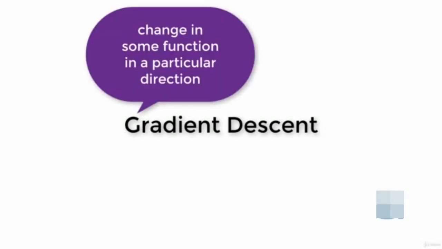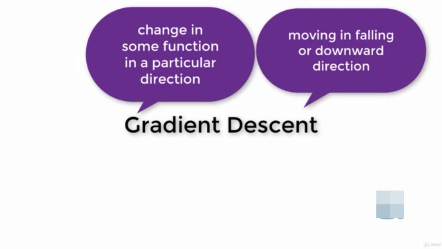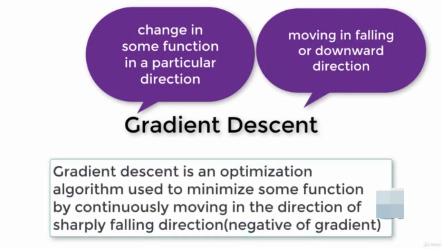Now, if we see the words gradient descent, gradient means change in some function in a particular direction, and descent means moving in a falling or downward direction. So, gradient descent is an optimization algorithm used to minimize some function by continuously moving in the sharply falling direction.